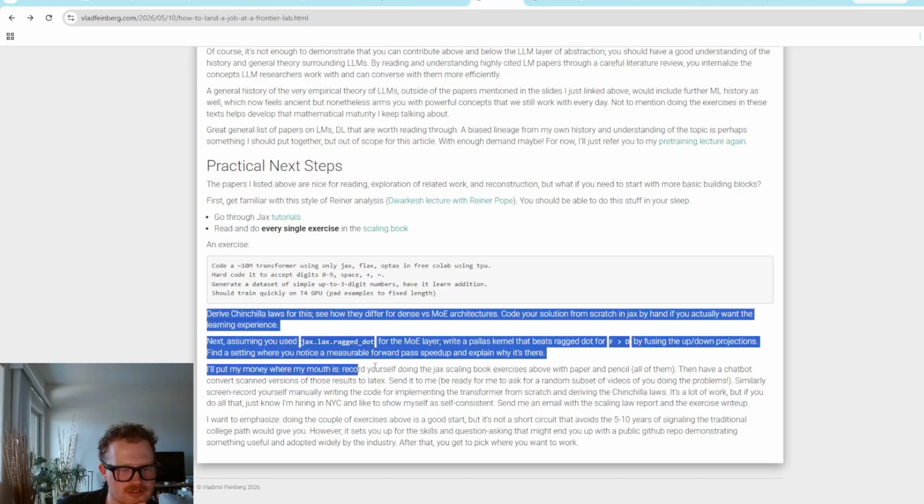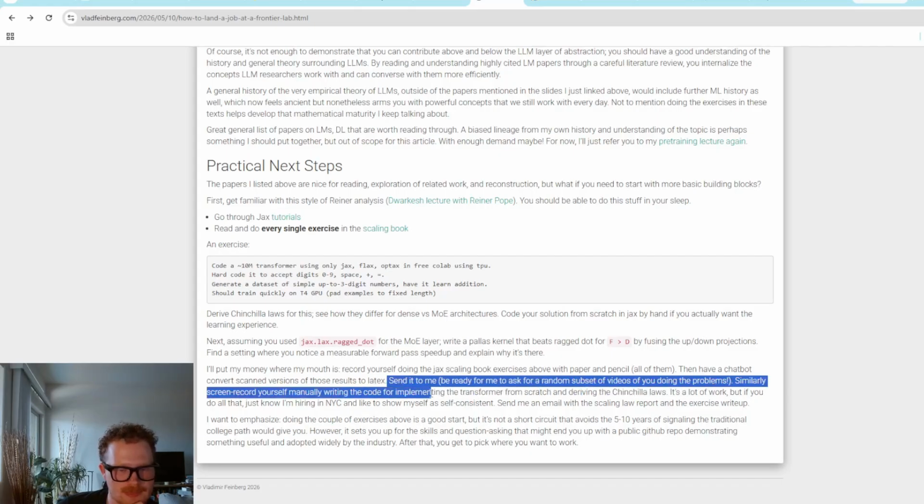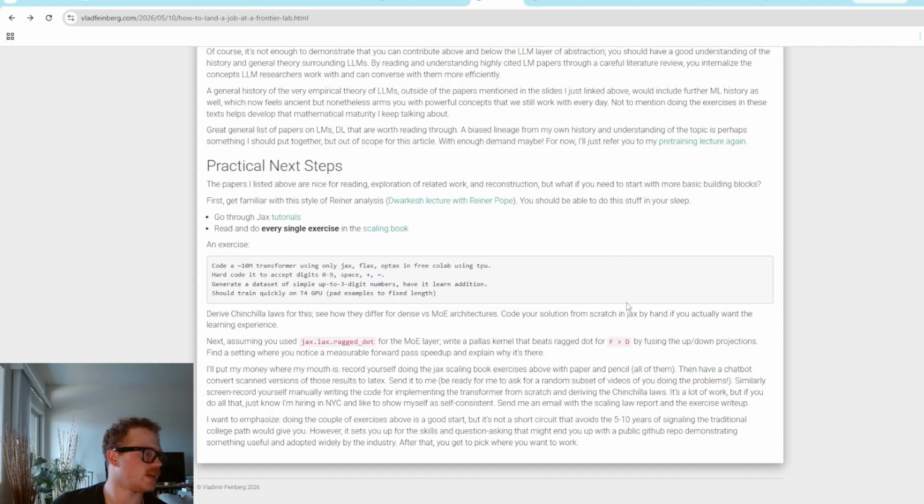He says to put your money where my mouth is, record yourself doing the JAX scaling book exercises, and have a chatbot convert those results to LaTeX and send it to me, and do some other stuff. So we are doing all the problems in this scaling book.